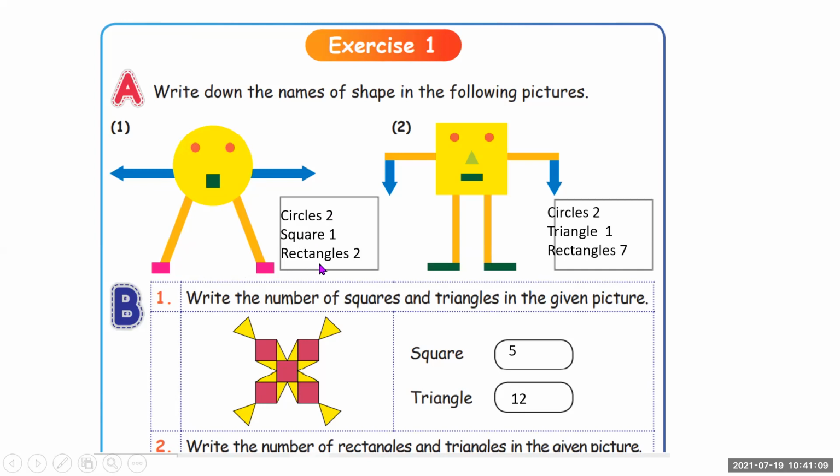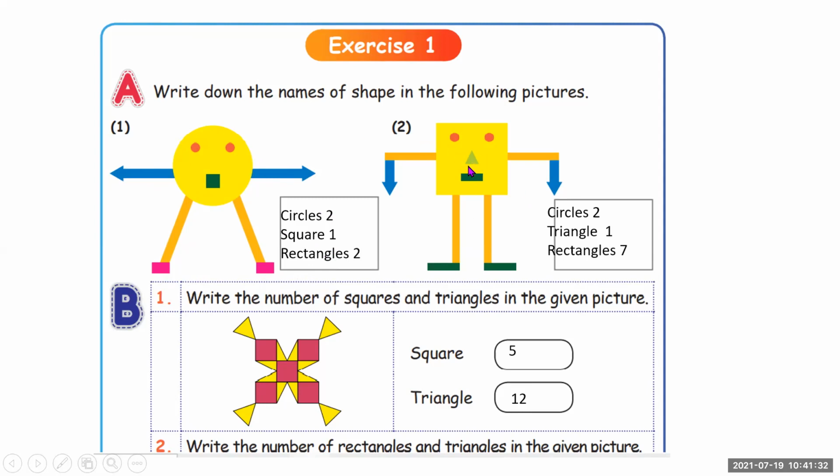Rectangle, 1, 2. However, if you look at this one, this is a triangle you can cut. This is also a triangle you can cut. Once you cut the triangle, this becomes one rectangle. So for the time being, we just take these two as the rectangles, square and circle.